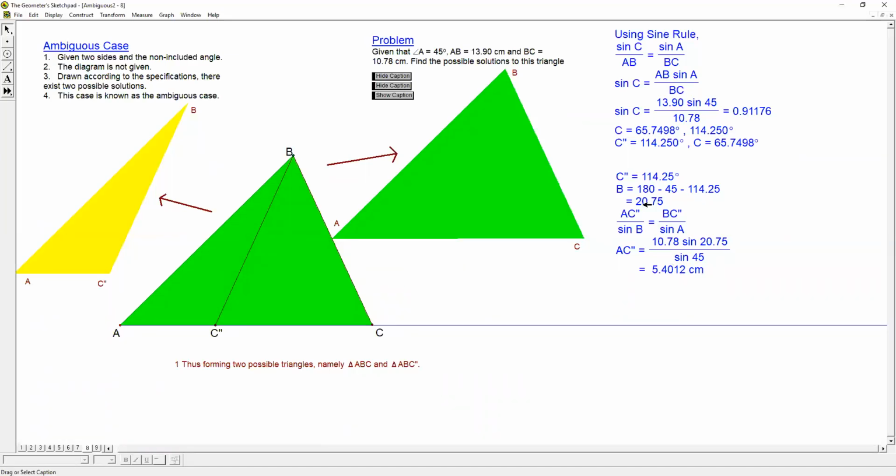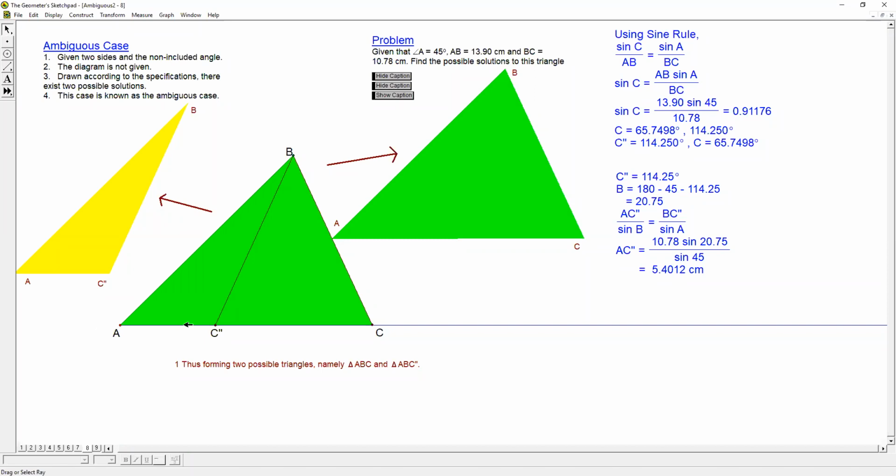After finding the angle B, you try to find the length, this length here, the bottom here. Now you remember earlier on when I asked you to construct, you have to construct a very long horizontal line, because we do not know how long this third side of the triangle is. So we construct a very long line, and now we know from the obtuse angle, the AC double prime is actually a very short length.